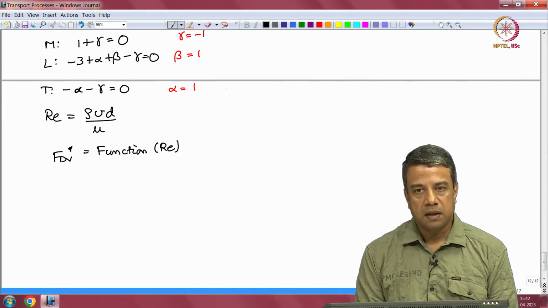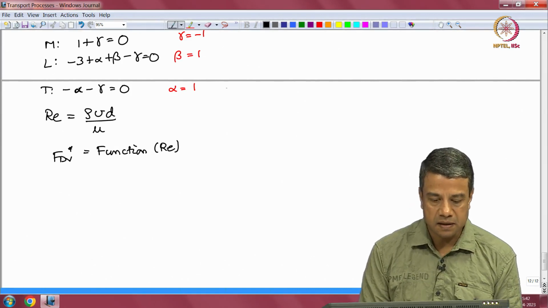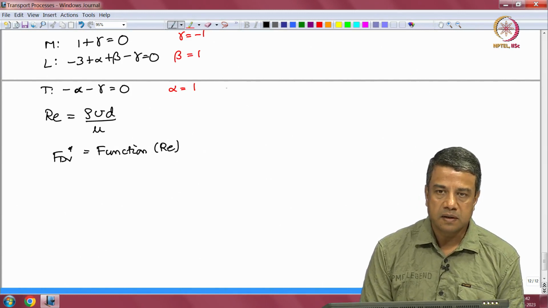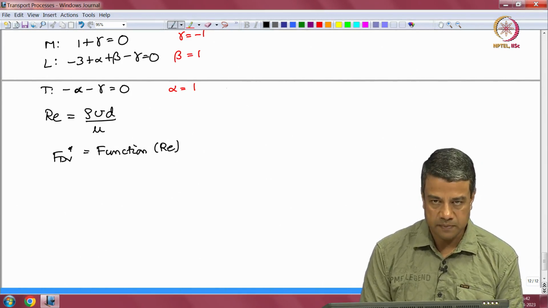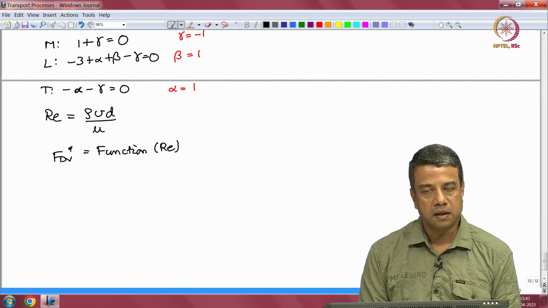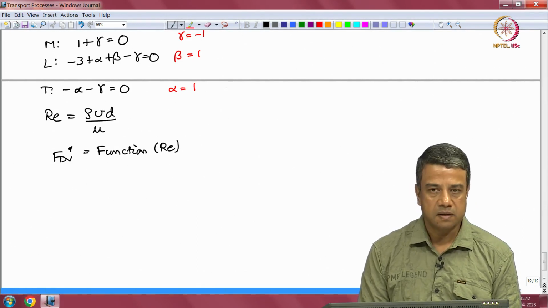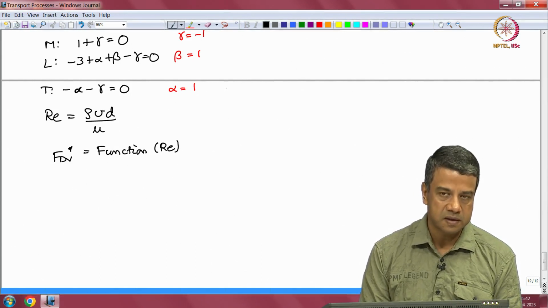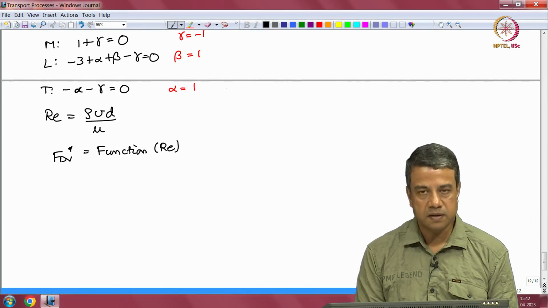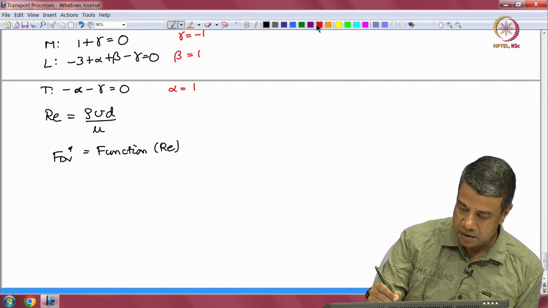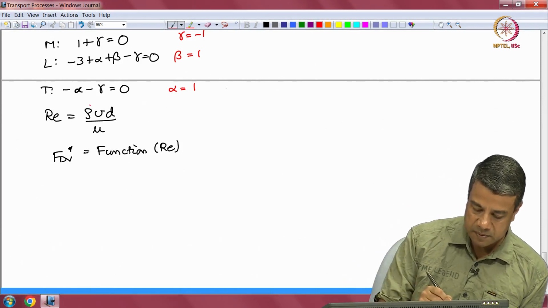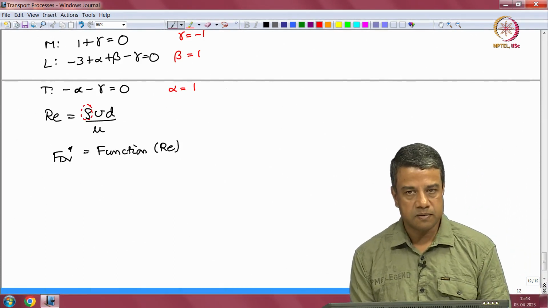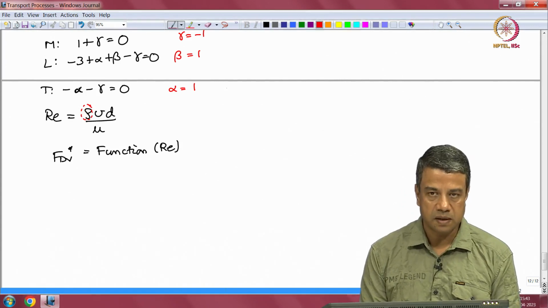In this particular case I had scaled the drag force by viscous effects. When the Reynolds number goes to 0, if it becomes very small, the function of this Reynolds number has to necessarily tend to some constant value, because when the Reynolds number becomes very small, it means that the density is no longer a parameter.